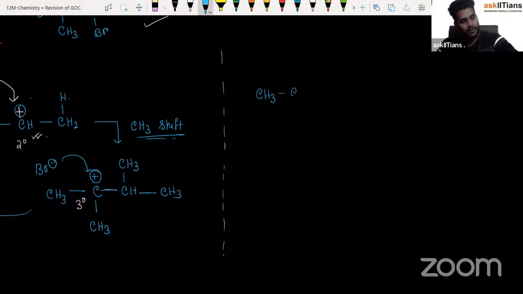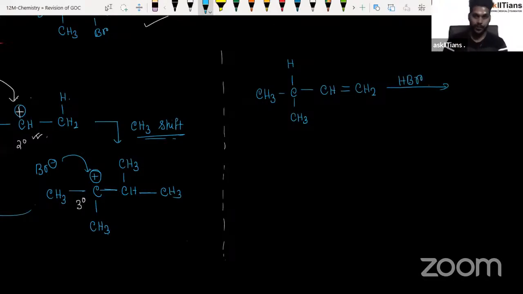So let's say we have this molecule this time, and I'm adding HBr on it. So what would happen in here? What is the final product of this molecule? Try it down now.